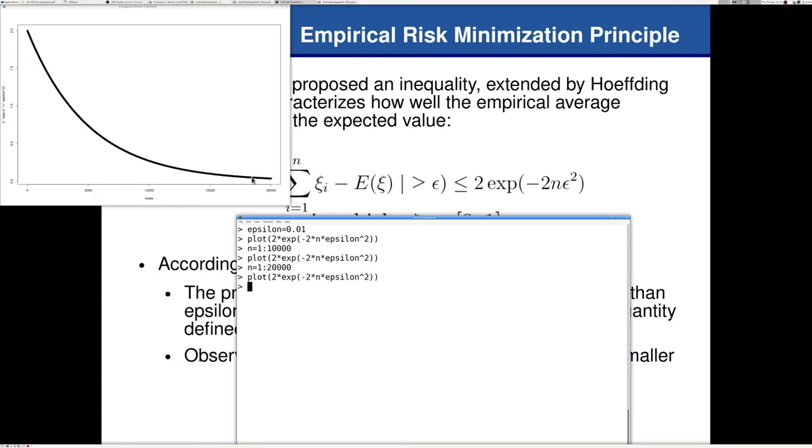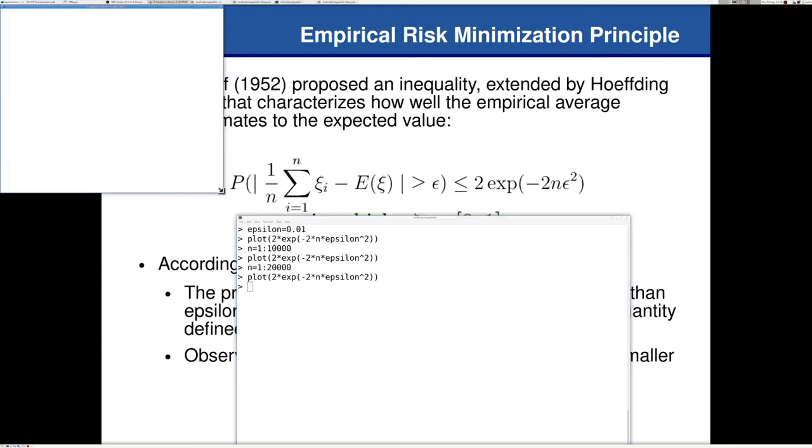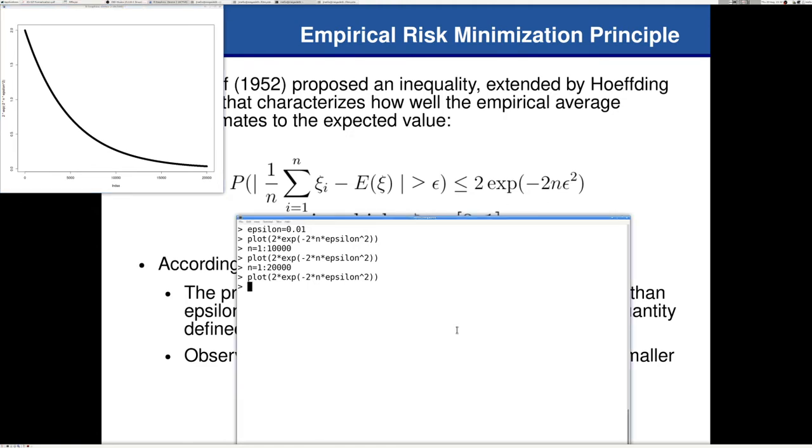What do I have over here with 20,000 observations? I have the sample size that ensures that such a divergence between my estimation and my expected risk being greater than 0.01 is upper bounded by the last value of this. What's the last value of that?